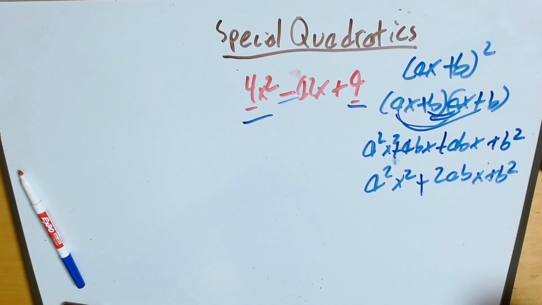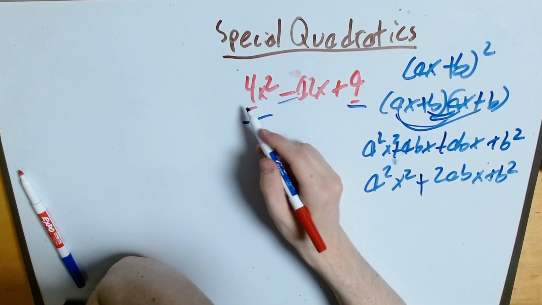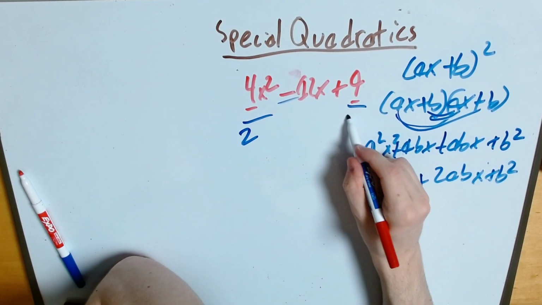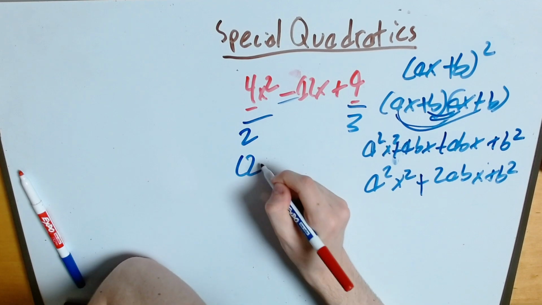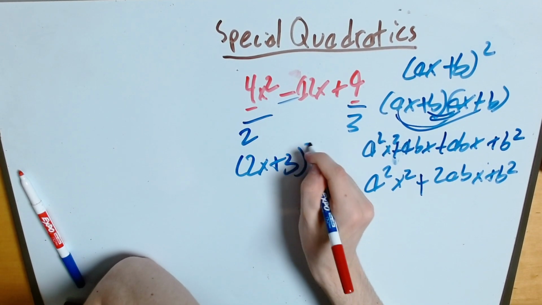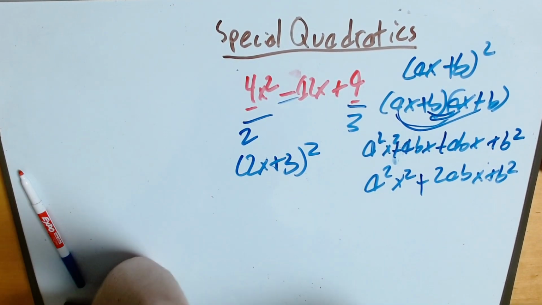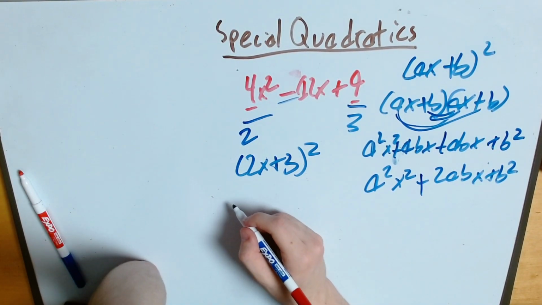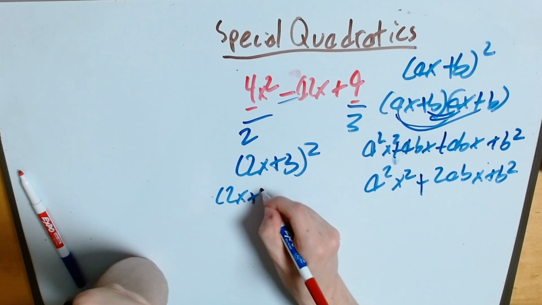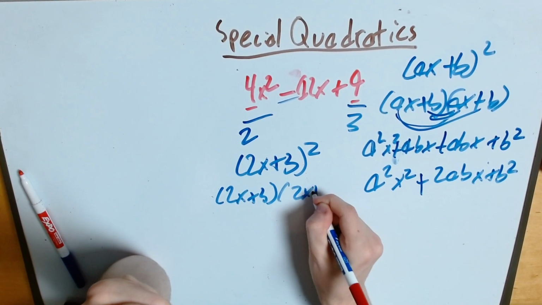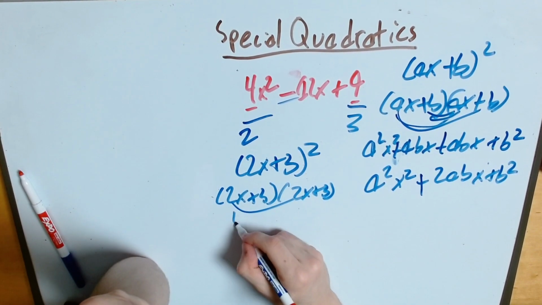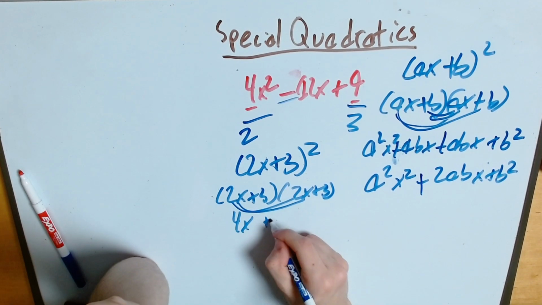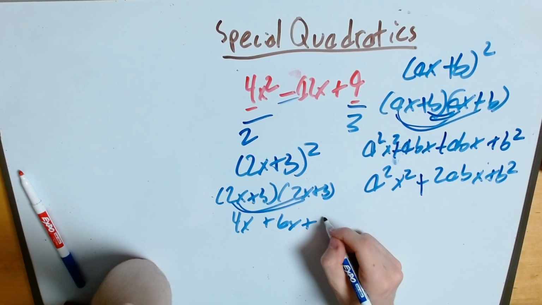And now, in this example, we can say, okay, so 2 is going to be my a, 3 is going to be my b, so I have 2x plus 3 squared. Now, if I just wanted to check my work, I could do the expansion. So 2x plus 3 times 2x plus 3, that's 4x squared. That's 6x plus 6x.